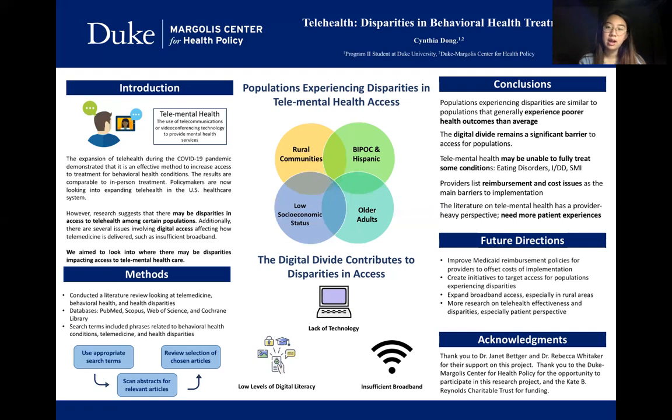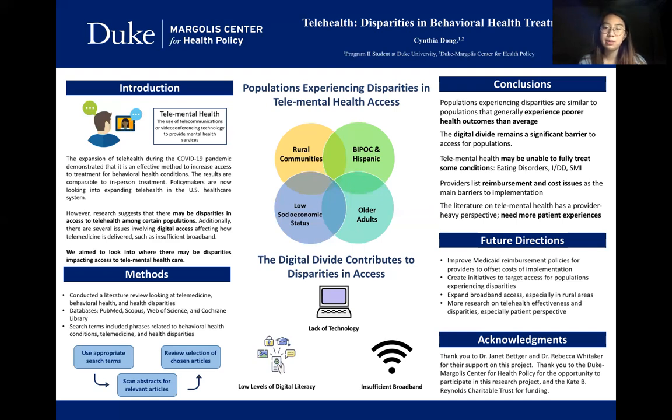Telemental health has also been said to be unable to possibly fully treat some conditions, including eating disorders, intellectual and developmental disabilities, and severe mental illness. There were articles disagreeing on this notion. Some believe that it would be possible to treat these disorders.